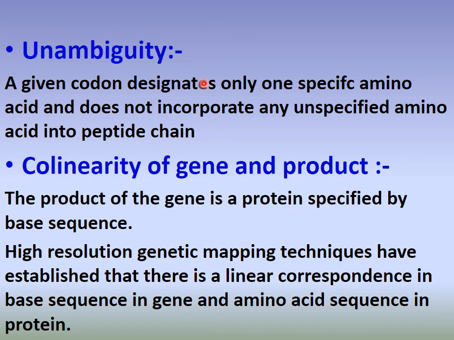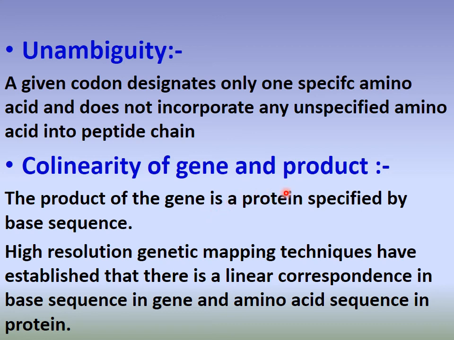Then unambiguity. A given codon designates only one specific amino acid and does not incorporate any unspecified amino acid into the peptide chain. So the same codon is for the same specific amino acid. Like if it is UUU, then only the phenylalanine amino acid will come. No unspecified amino acid or anything in between will come in the peptide chain; only phenylalanine will come.